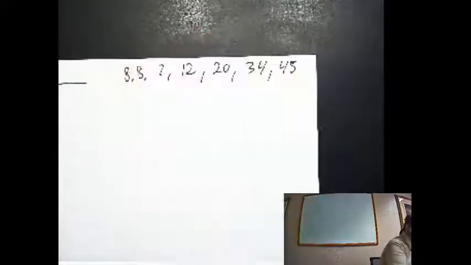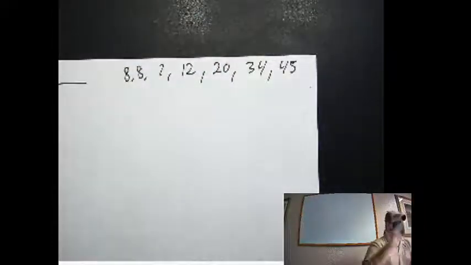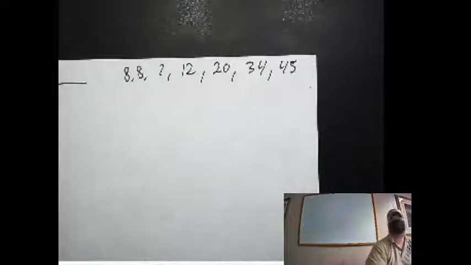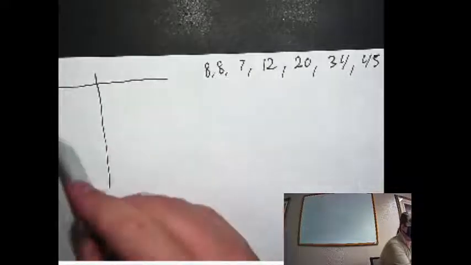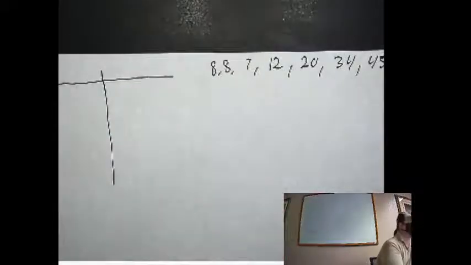Maybe you get lucky and you have a mode. Of course, not all data has a mode, but oh, that one has 2 now. Well, it's not going to show you anything except for which one has a mode. So we can't just make a class for each one of these numbers. We can't just file in 8, 7, 12, 20, 34, and 45, especially because this data is continuous.